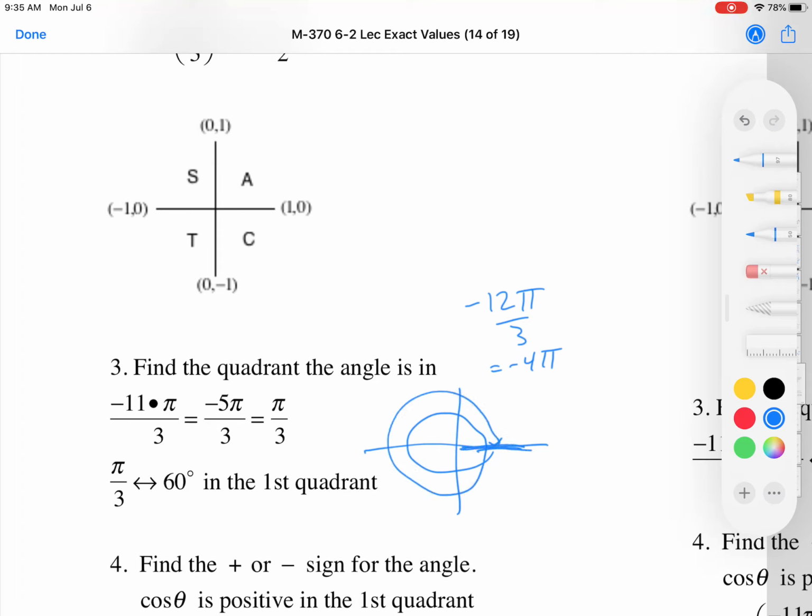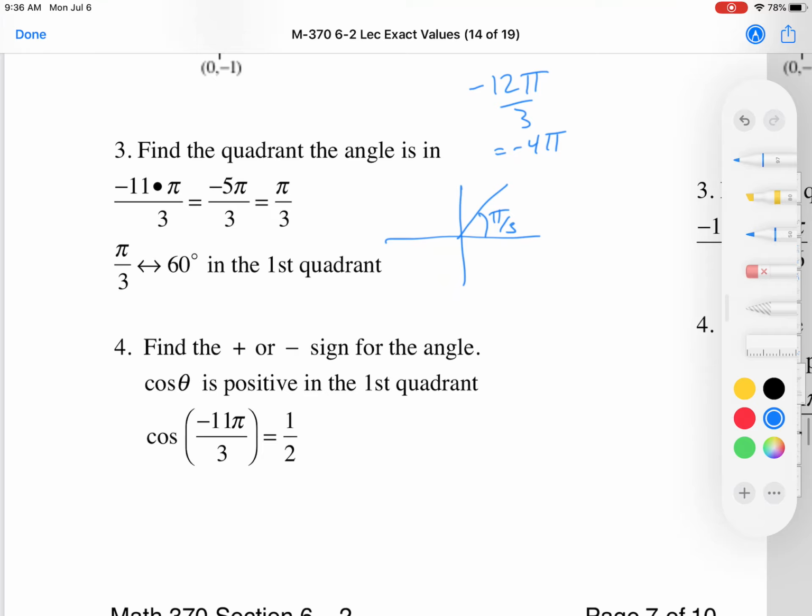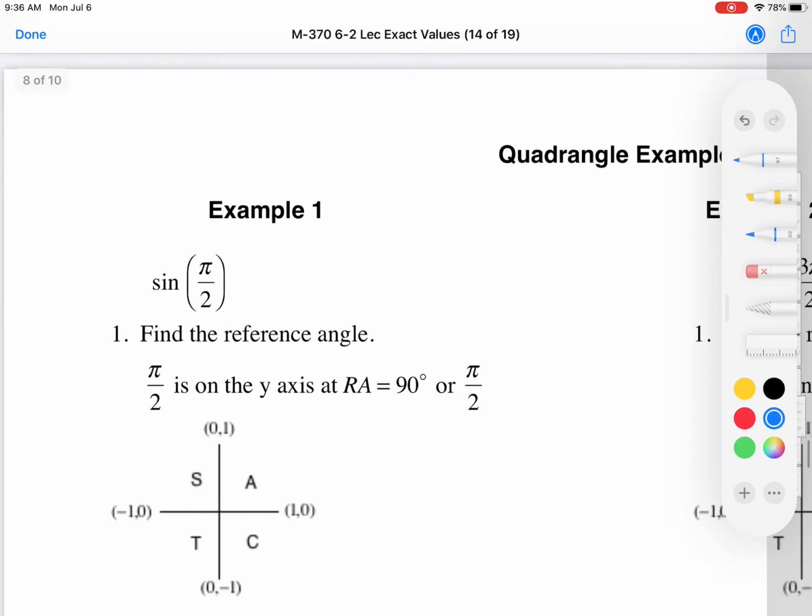It's right here, on that positive x-axis. Remember, we saw in the last lecture notes that the 0 includes all the even multiples of pi, whether they're positive or negative, and we're backed up off of that. So of course we didn't quite get to negative 12 pi over 3. We are right here, a distance of pi over 3 back. He's absolutely right. It's in the first quadrant where every single thing is positive, so therefore he's choosing positive 1/2.